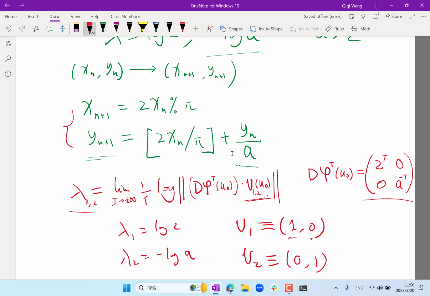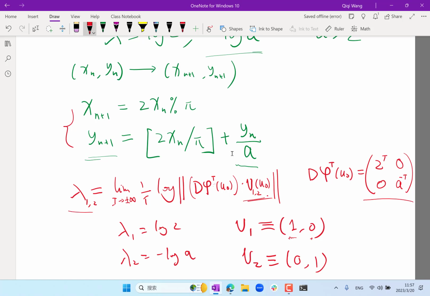As you evolve the perturbation backwards in time, the perturbation in the x direction gets decreased by a factor of 2 every backwards iteration. And the only way you can get a log 2 in the limit of negative t is to have 0 perturbation in the y direction, because otherwise the perturbation in the y direction, as you evolve backwards in time, is going to expand and dominate the magnitude.